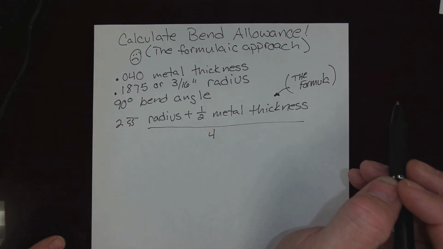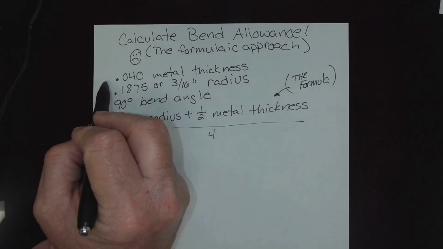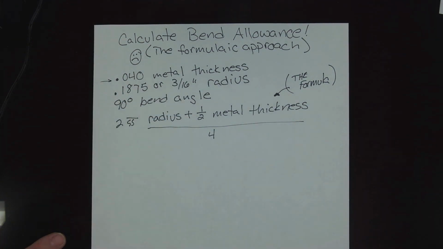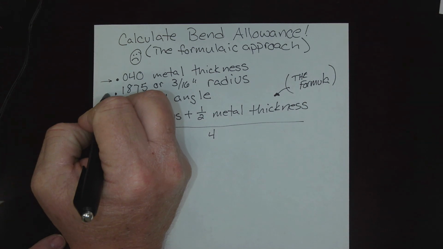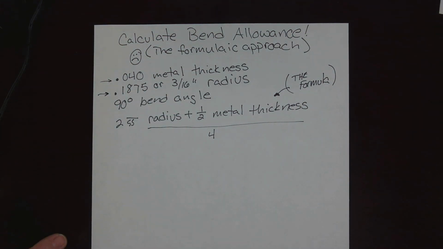For us to do so, there need to be a few givens. One, in this case, metal thickness. That would come from our drawing specifications, or we measure the metal on the part that's damaged that we're going to fix. The other is the radius. Same thing. It's either given to us on a drawing, or we will calculate, measure, and determine it based on the old damaged part.